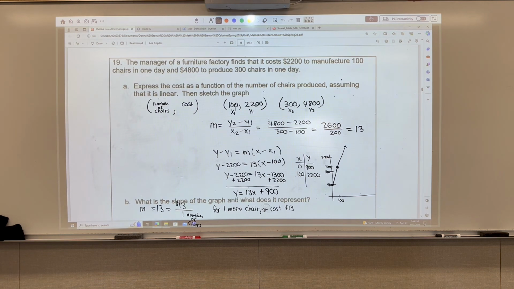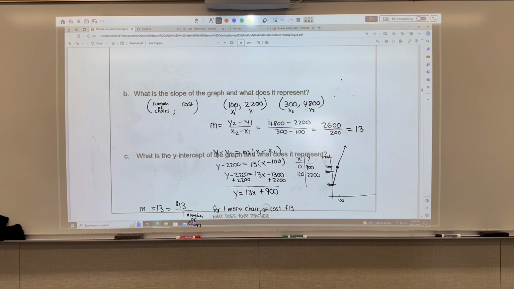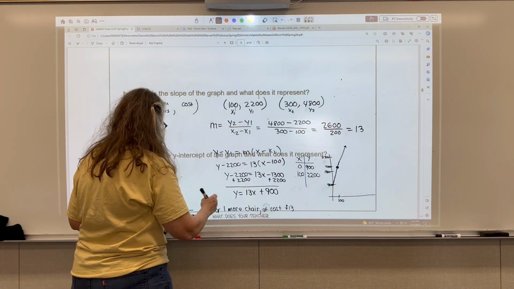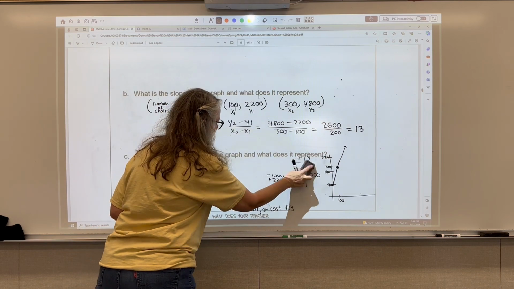Okay, the other question they're going to ask us here is part C, and asks us, what does the y-intercept represent? So that's 900 right there is the y-intercept. And they're asking us, what does it represent?